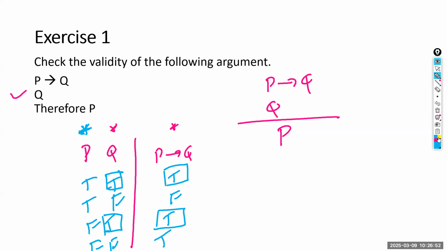Now you can see that when both are true, that is fine. But here there's another scenario, all the premises are true, but the conclusion is false. So when all the premises are true, your conclusion must always be true. But here it is not the case. In one scenario yes, but in the other scenario where all the premises are true, your conclusion is false. So therefore, this is not a valid argument.